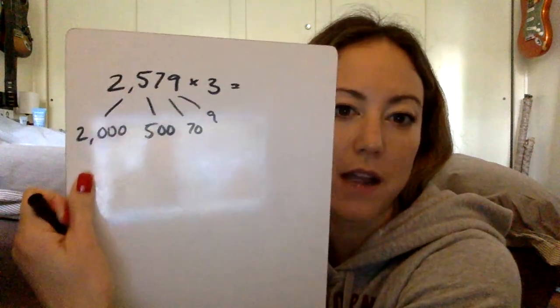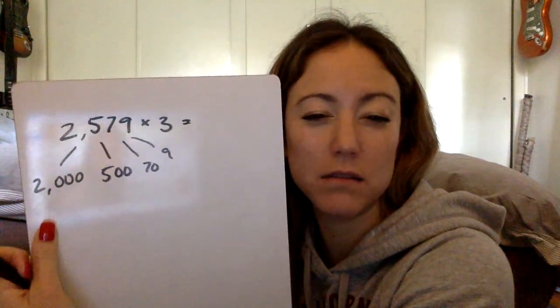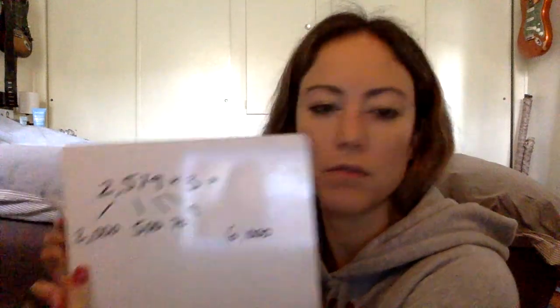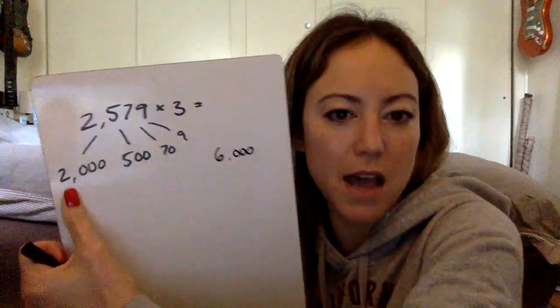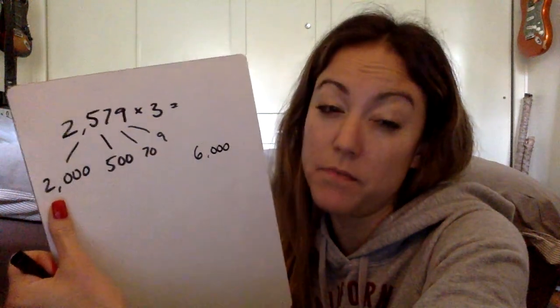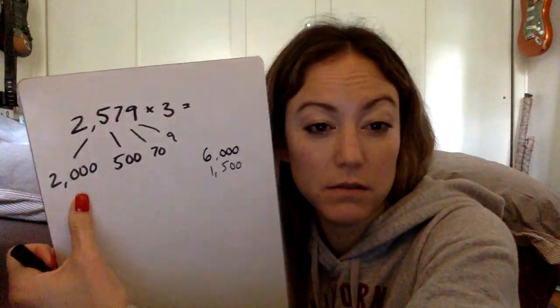So 2,000 times 3, I'm just going to do it in my head because we don't need to write out the whole thing. So that would be 6,000, right? Because 2,000 times 3 is 6,000, plus 500 times 3, which is 1,500, because 5 times 3 is 15, right?